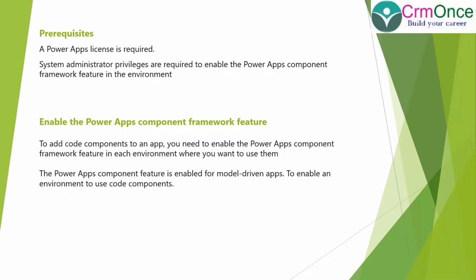For model-driven apps, you don't need to enable that feature anywhere in the system. But when you want to use the code components in your Canvas app, you have to enable that feature in the environment settings.